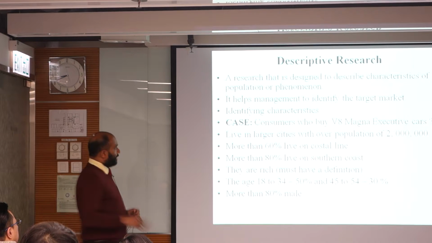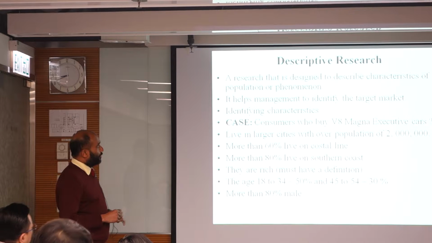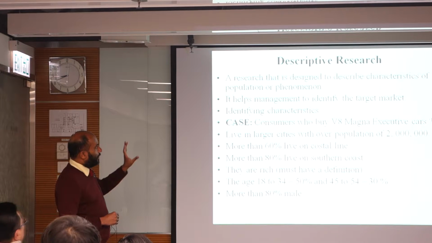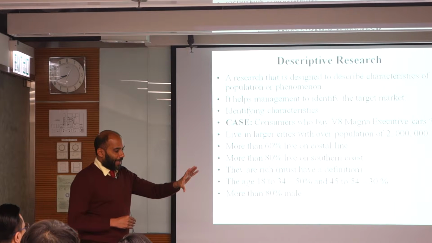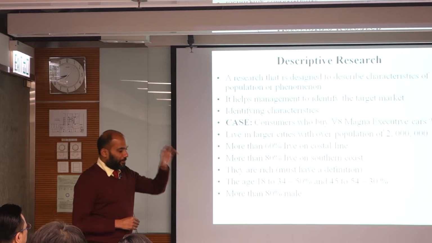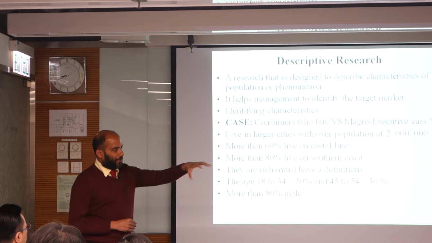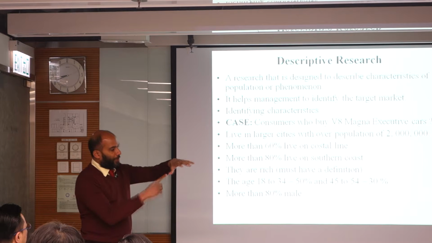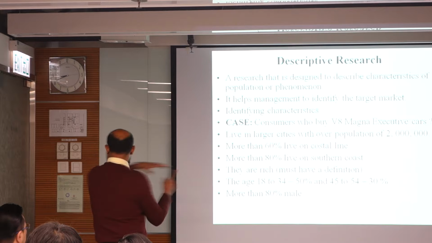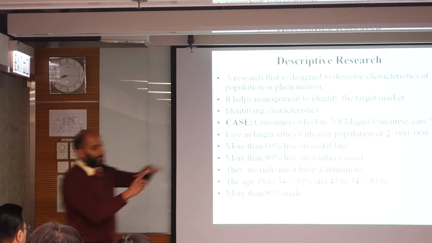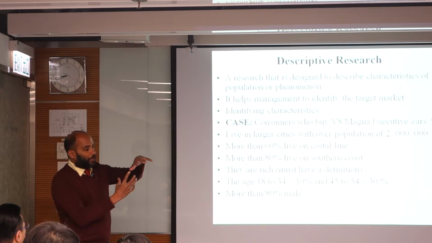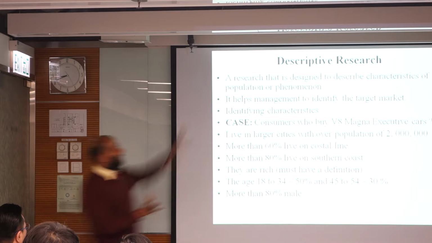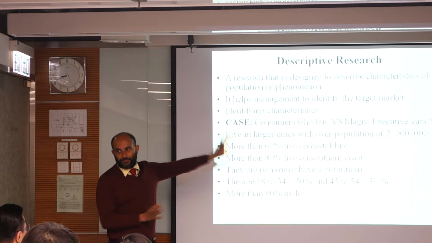Okay, right. So in descriptive research, what you're doing is that you're going to identify the target market for a car, and when you identify the target market, you identify the characteristics of that target market, and then once you identify those characteristics, you will know who might prefer a car of this nature.